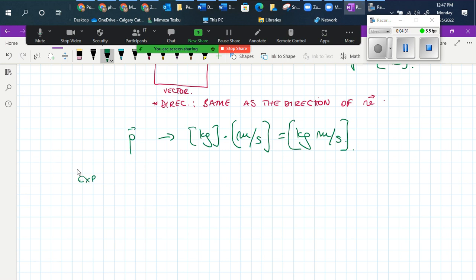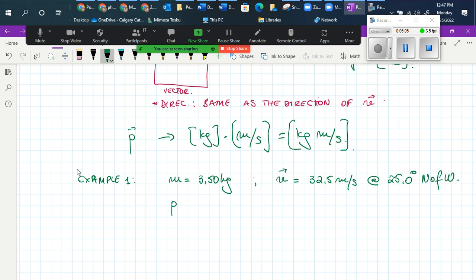So let's suppose that we are dealing with example 1, when we have an object with mass, a block, usually a sphere, a car, an object with mass 3.50 kilograms that is moving with a velocity of 32.5 meters per second at 25 degrees north of west. And we are looking for what is the momentum of this object.